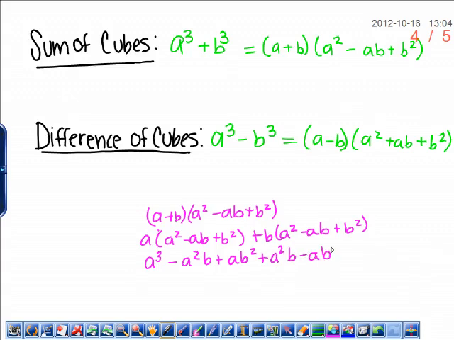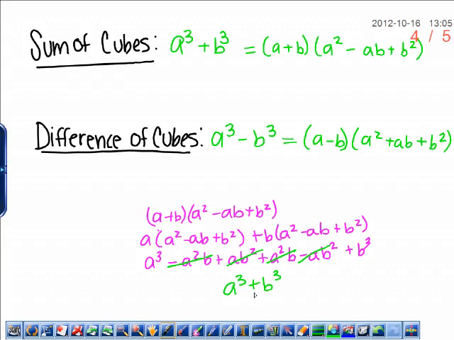Minus ab squared plus b cubed. Everyone okay with that? Look at those middle terms. What happens? What's all you're left with? It works. Ta-da!